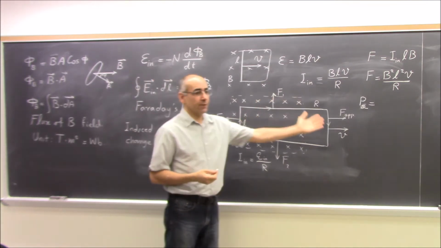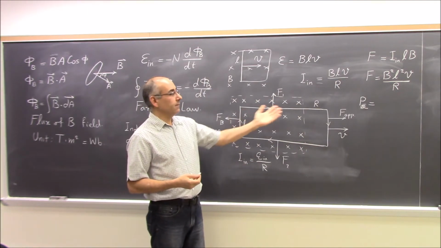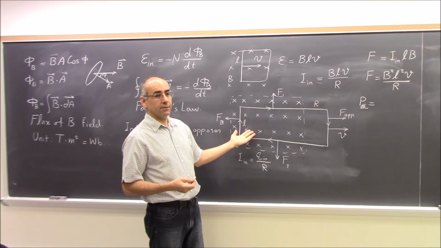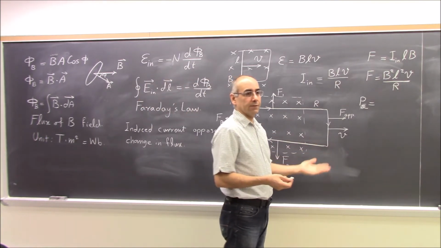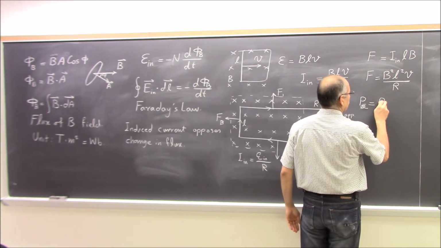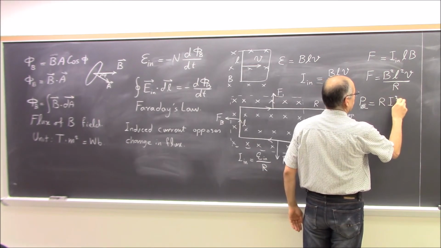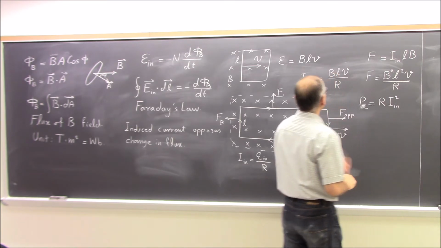Because you have current and you have resistance, how do you calculate the power? It's R I squared, isn't it? R I squared, I induced in this case. What is that?